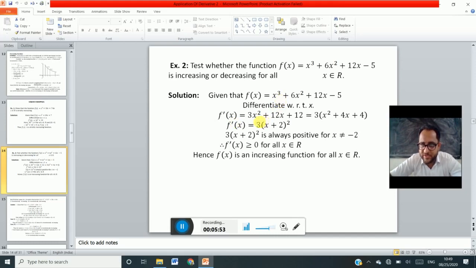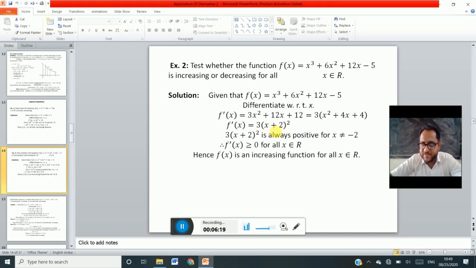Derivative of x cube is 3x square, plus derivative of 6x square is 12x, plus derivative of 12x is 12, and minus for 5 it is 0. So see here, we take 3 common. We solve this, what do we get? x square plus 4x plus 4 while taking 3 common. Then x square plus 4x plus 4 is nothing but the square of x plus 2, (x plus 2) whole square, right?